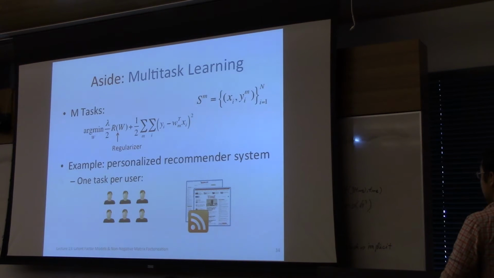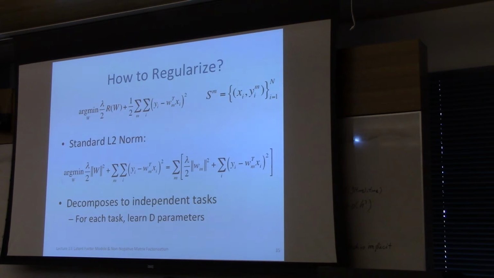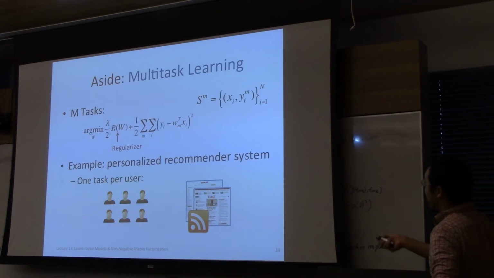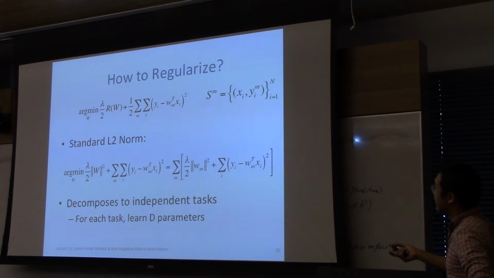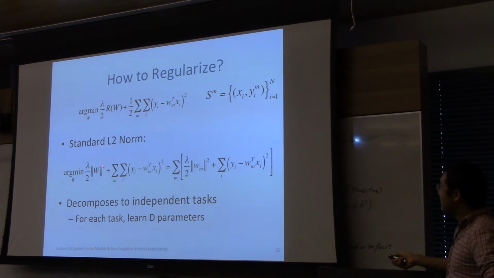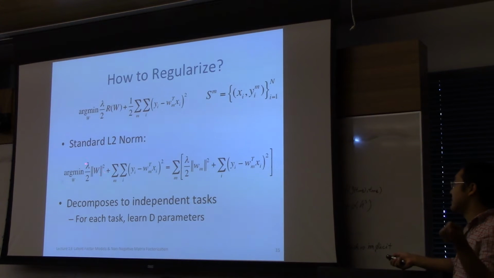Okay, so one question in this type of problem, and it should be clear that there's some connection to collaborative filtering, but I'll make that connection a little bit more explicit. But let's just think about this formulation of the problem. How do we regularize, right? Here, if we use the standard L2 norm, which is basically the squared Frobenius norm, then this is just the sum of squares of every entry in W. So you can decompose it additively by task, by user.